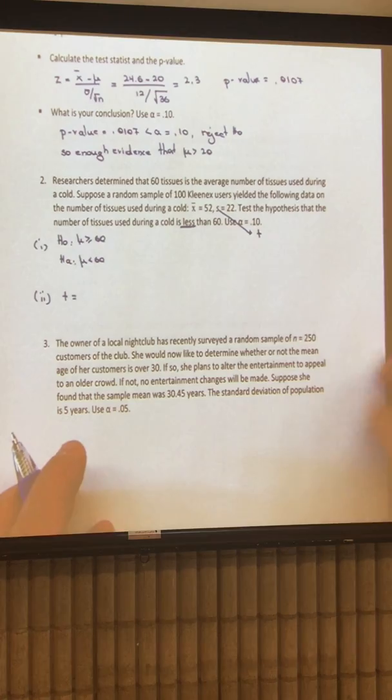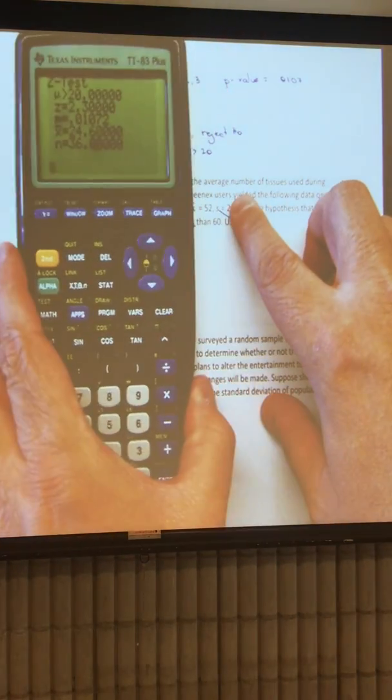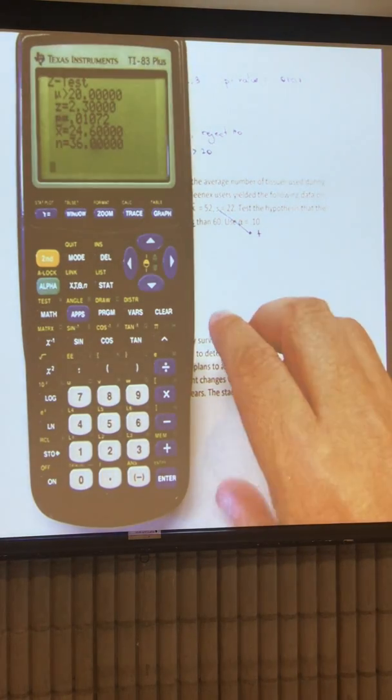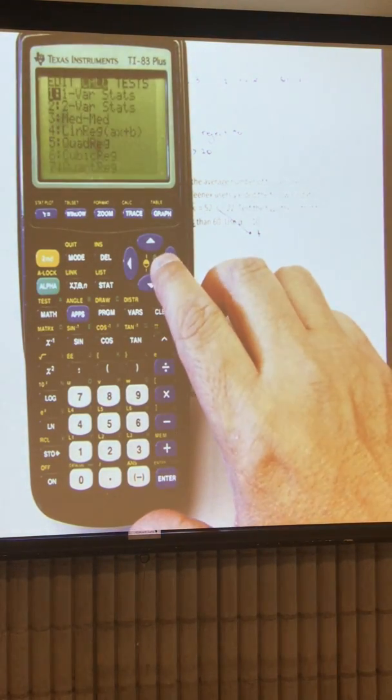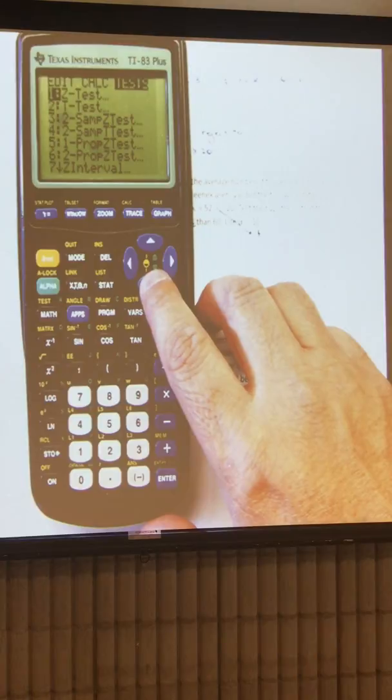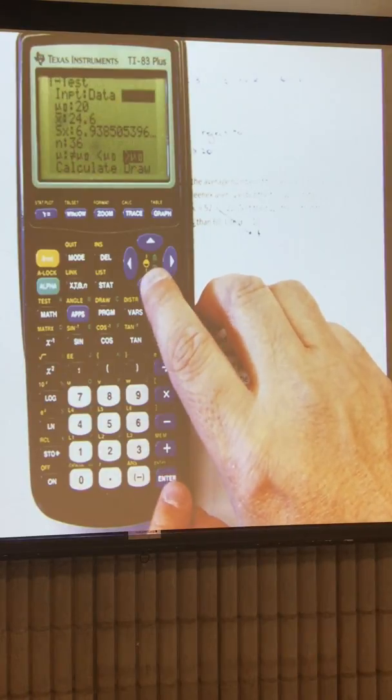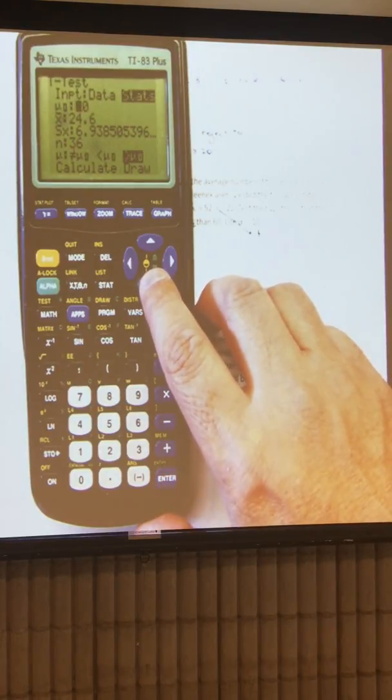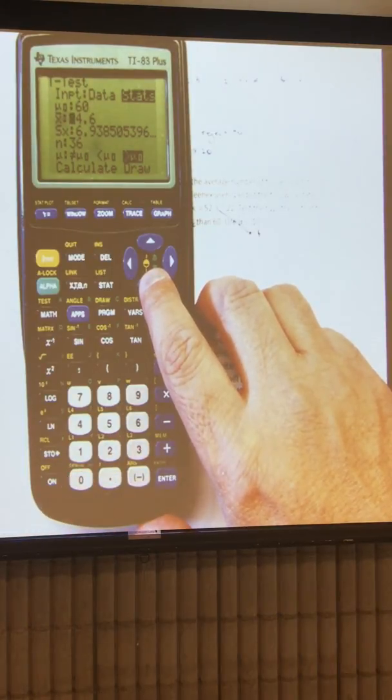Again, let's use the graphing calculator. In this case, for the graphing calculator, we have to go to Stat, Tests. Now we go to number 2, t-test. We highlight Stats. Mu is 60. The sample mean is 52.